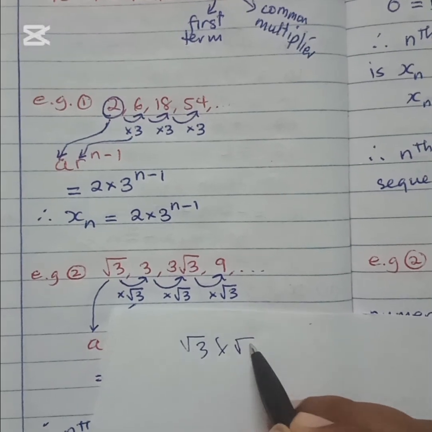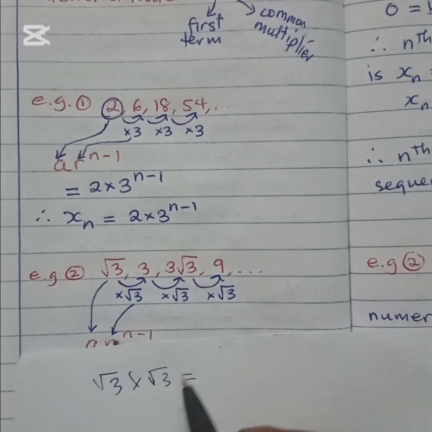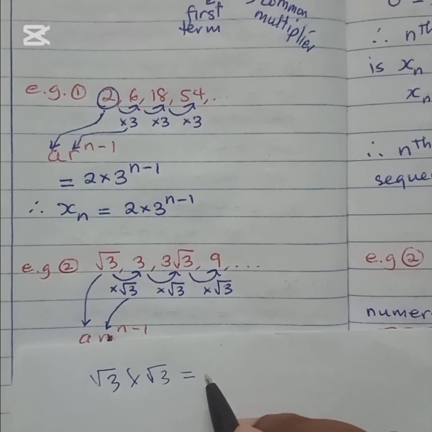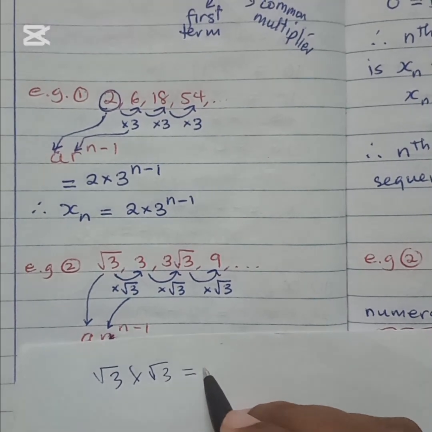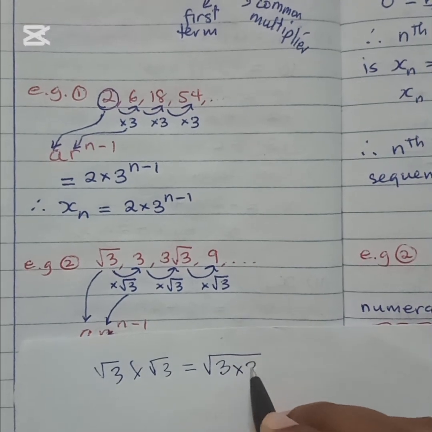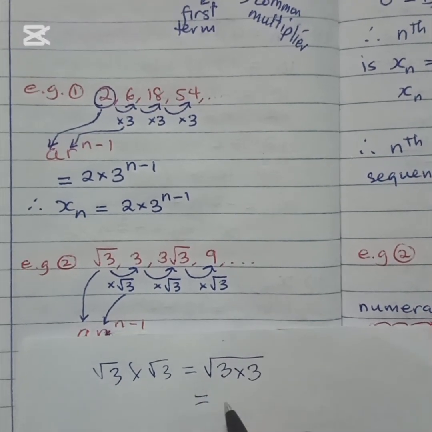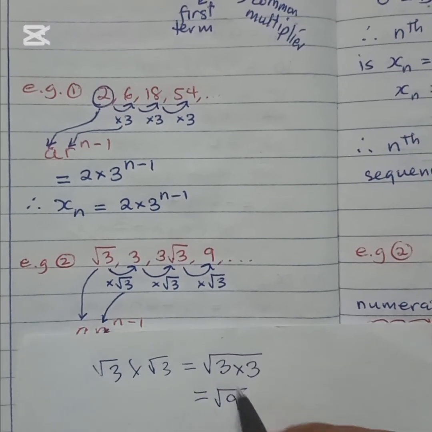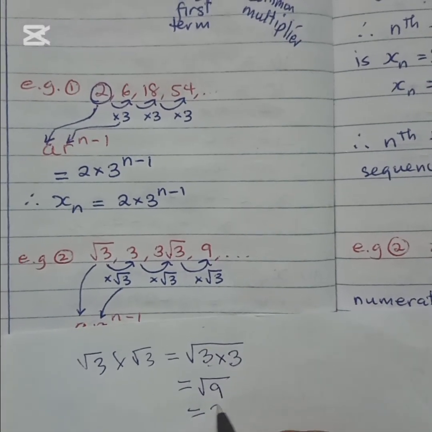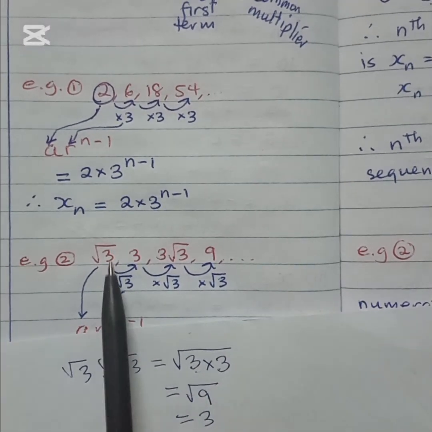Root 3 times root 3. If you remember your surds in grade 9, this means the square root of 3 times 3, which is the same as the square root of 9, because 3 times 3 is 9, and the square root of 9 is 3. So there you go.